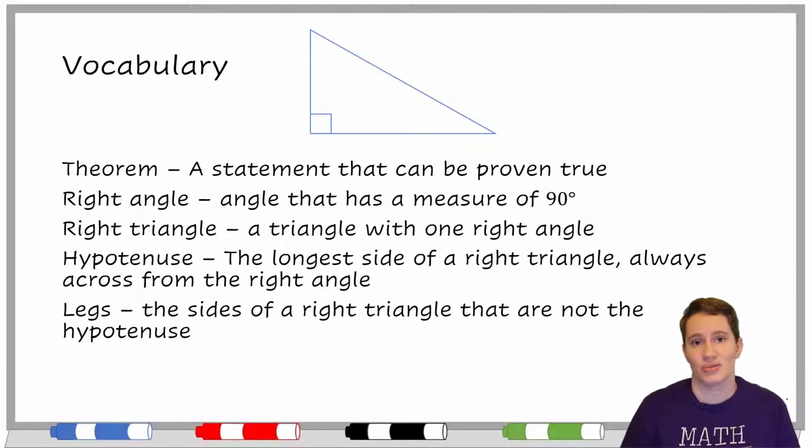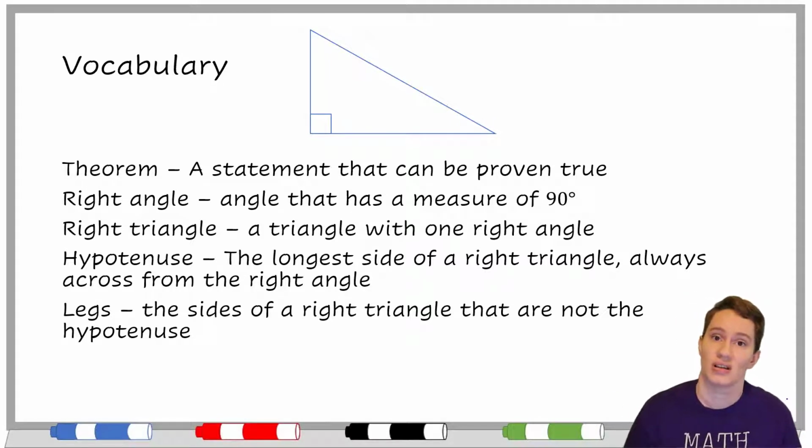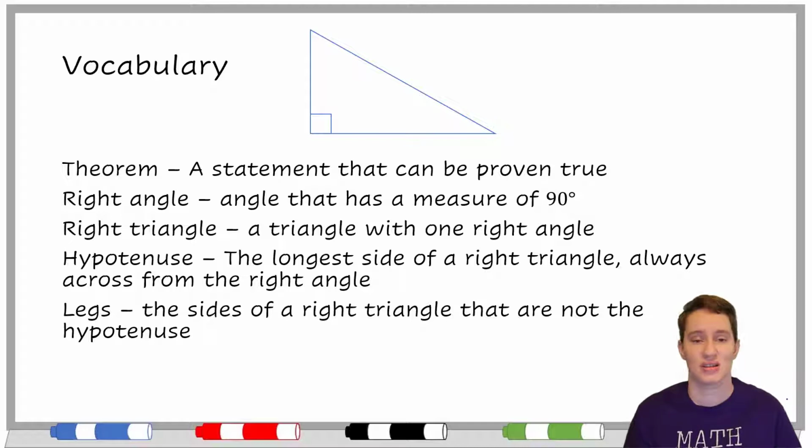Some other parts of a right triangle: we have the hypotenuse, which is the longest side of our right triangle, and it is always across from the right angle. There's a connection between angles and sides on a triangle: the biggest side is always across from the biggest angle, and the smallest side is always across from the smallest angle.